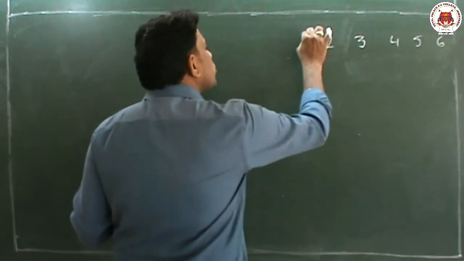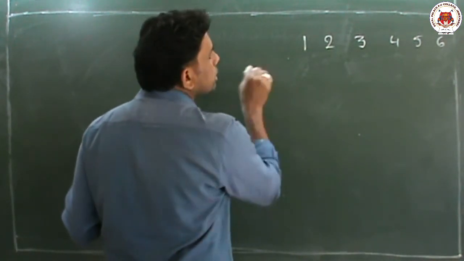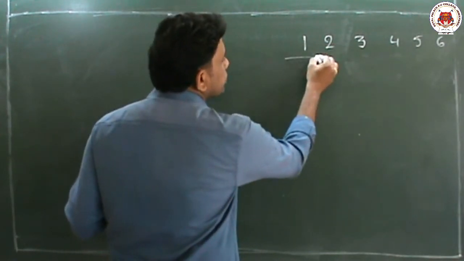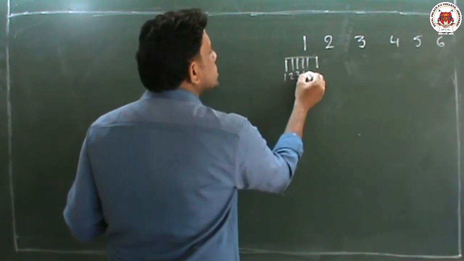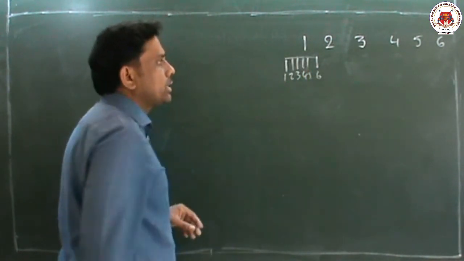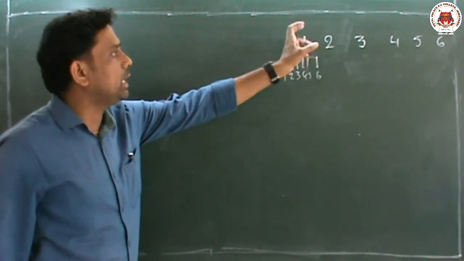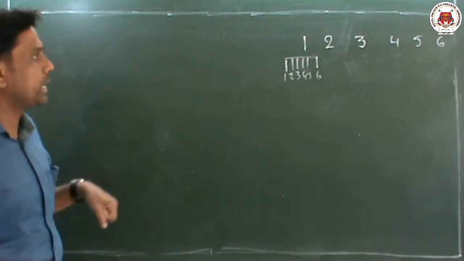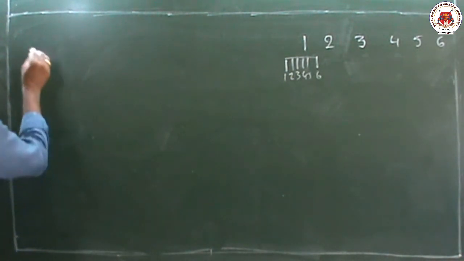When he throws the die, the number 1 came. Assume that. The second time also he will throw the die. We can't guess which number will come. So we can say that of these 6 numbers, only 1 number will come. First time 1, then second time any. We can't guess which number will come up while throwing the die. So first of all, let me write this up easily.